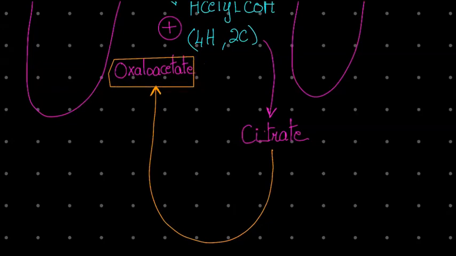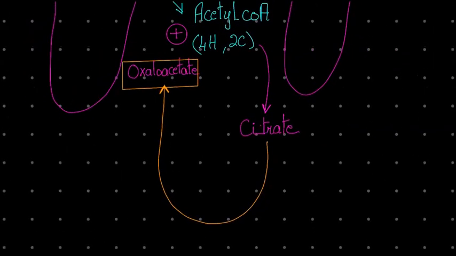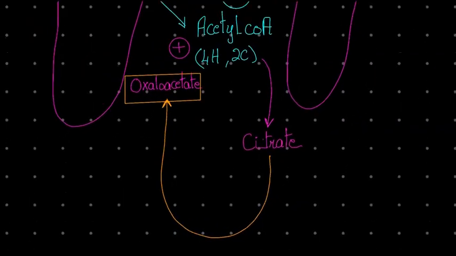So if I'm becoming oxaloacetate again, this means that throughout those reactions, what did I lose? If I'm telling you, you have a reaction, X plus Y equals Z. And then I told you that Z will become Y. So in order for me to become just Y, what do I need to lose?